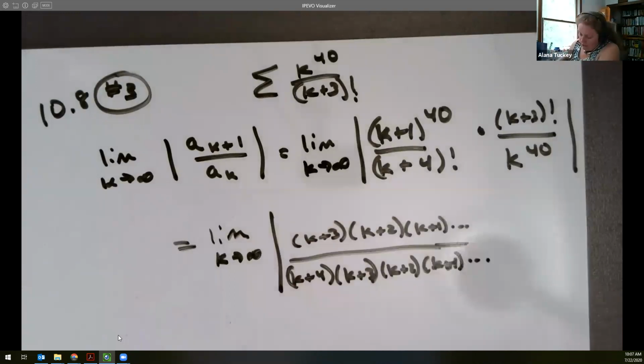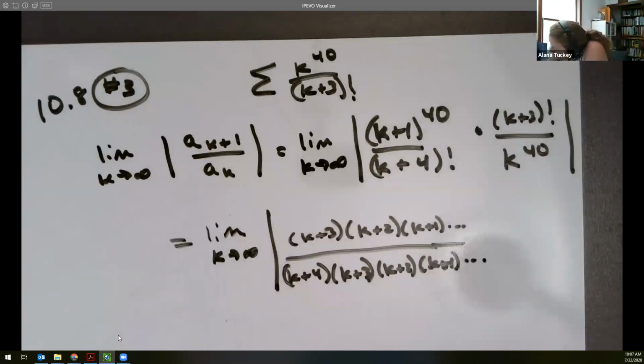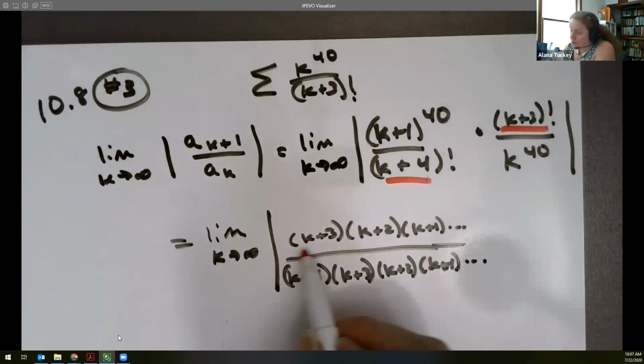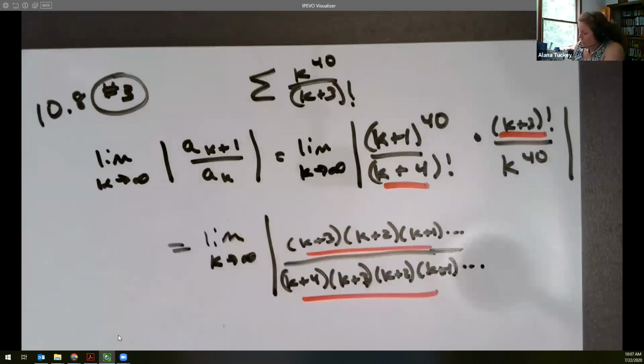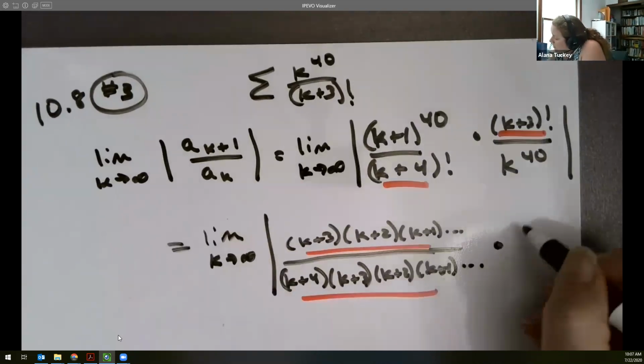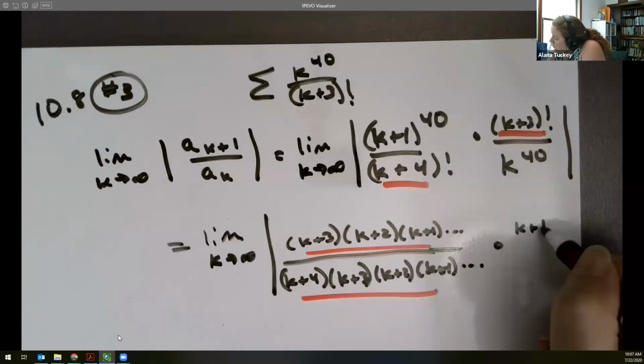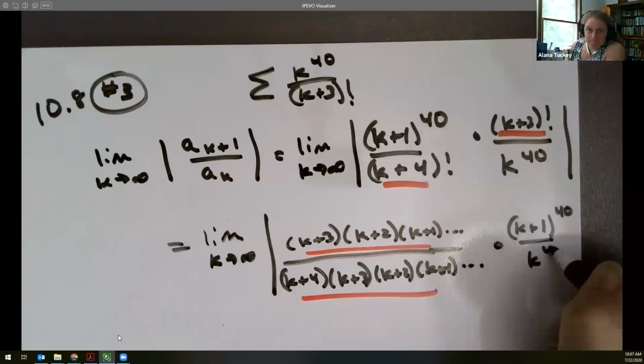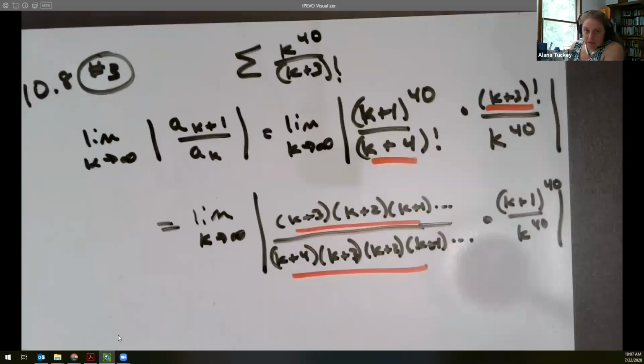So that would be this guy and this guy. I just rewrote them there. Okay. And then you multiply by, okay, so this is k plus 1 to the 40 over k to the 40. Okay. Get it? K? Oh, that was funny.